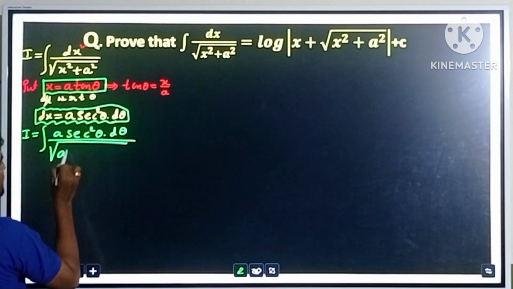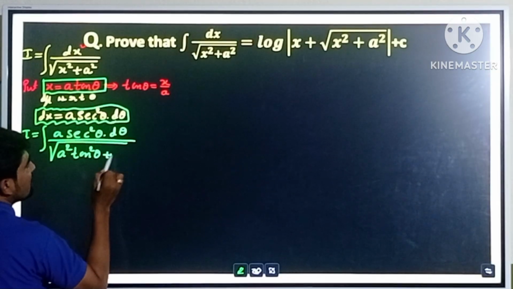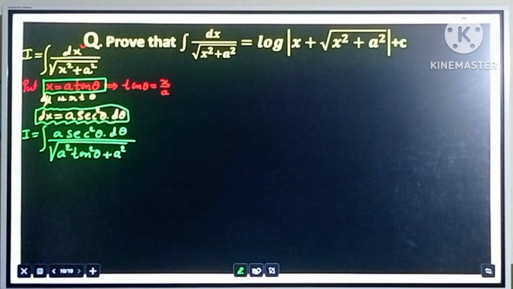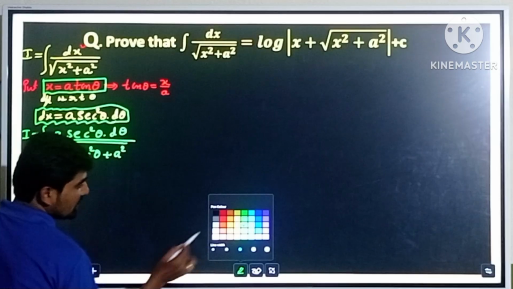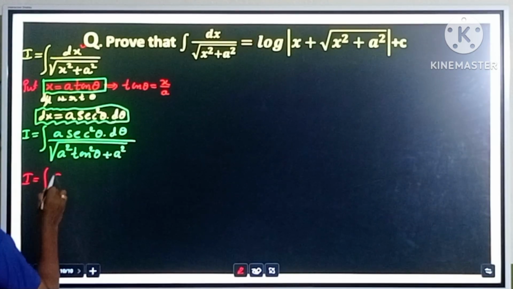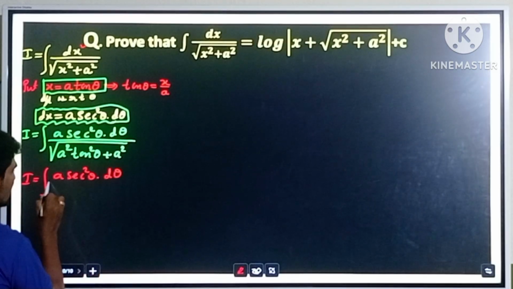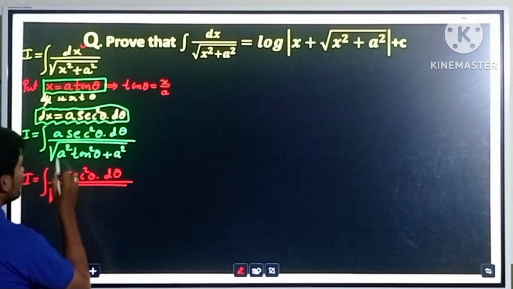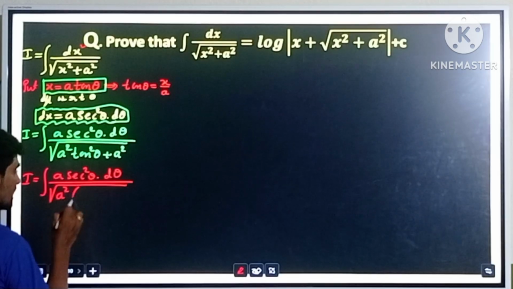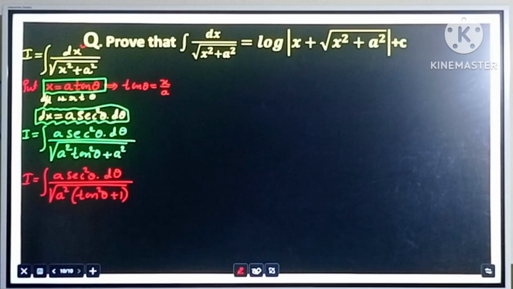Therefore, x square is a square tan square theta plus a square as it is. I hope all of you are understanding. Again, same thing, we can take a square as common from the denominator. Therefore, I is equals to integration of a into secant square theta into d theta divided by square root of, in between these two a square is common, remaining tan square theta plus 1.